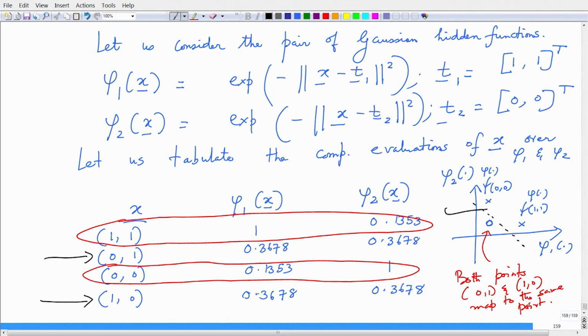So, this is a hyperplane and the points are linearly separable.